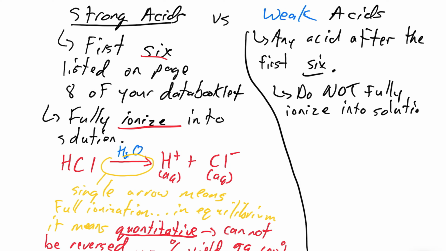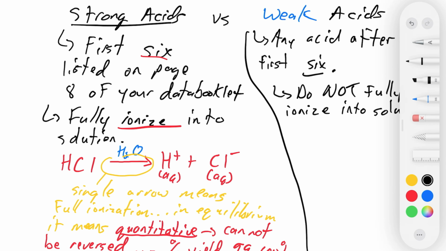And so if I take a weak acid, for example, let's say I take hydrofluoric acid. Well, what it's going to do is we're going to write a double arrow, which in Chem-20 meant that it didn't fully ionize. And in Chem-30, we're going to go a little deeper to say that it's in a state of dynamic equilibrium.